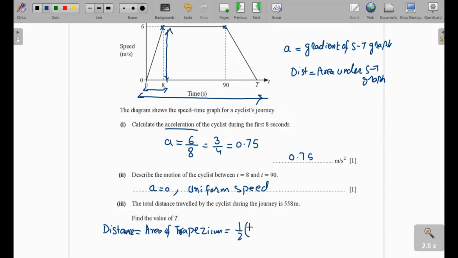This is side A, whose length is t, plus the second parallel side, B. We write the formula 1/2 times (A + B) times h. A is t and B value is 90 minus 8, 90 minus 8 is 82, sorry, 82. Height is given as 6.